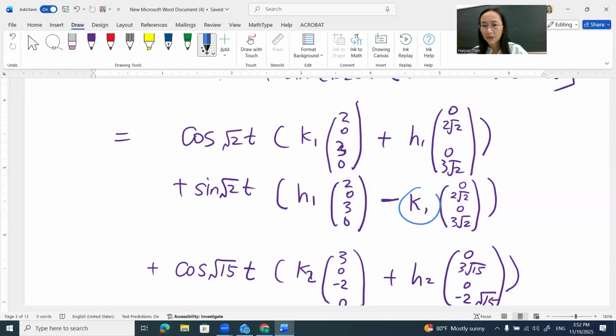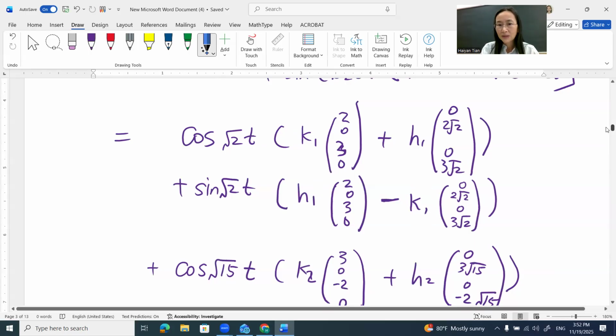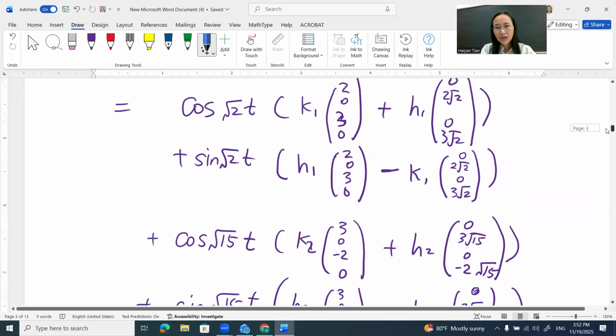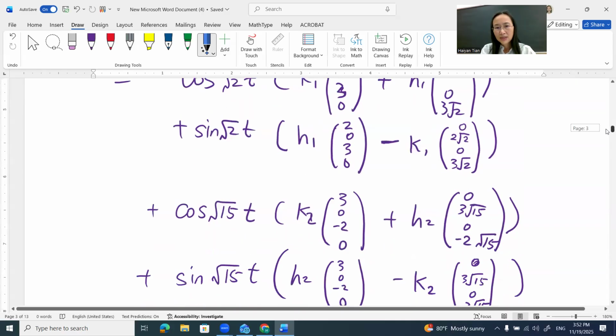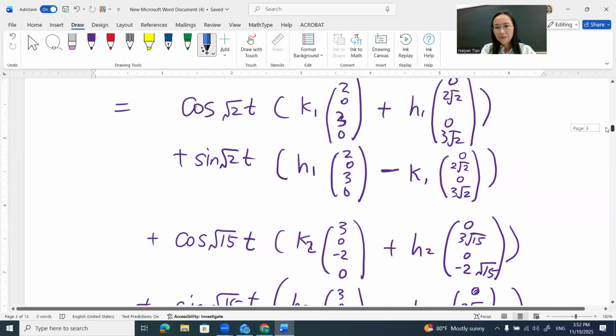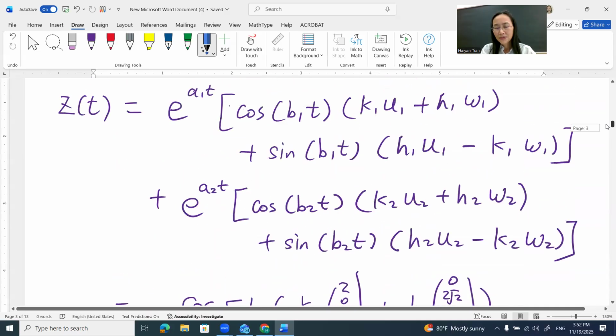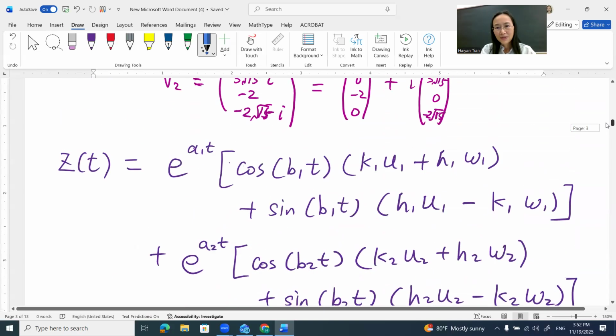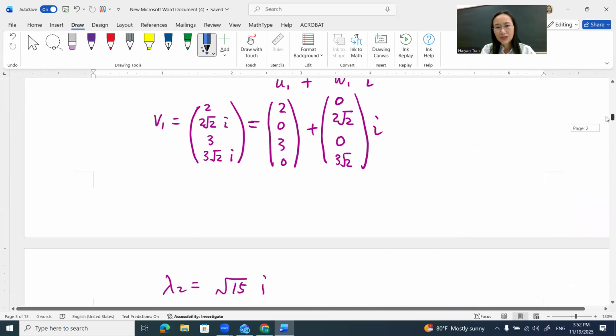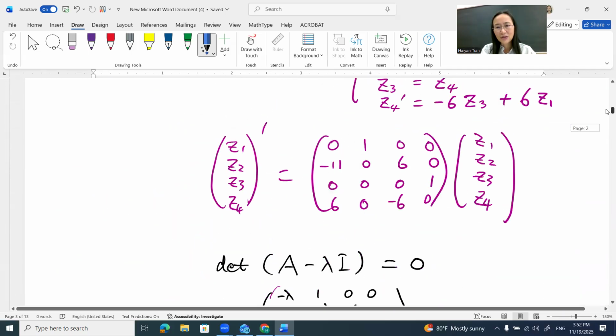They are not arbitrary. Remember, we imposed the one initial data. So what should be the values of h1, k1, h2, k2? How can we choose these values in order to have that initial condition? So let's look at the initial condition.